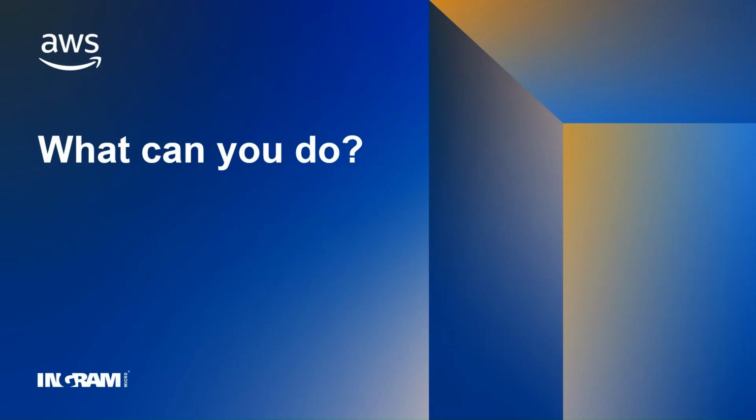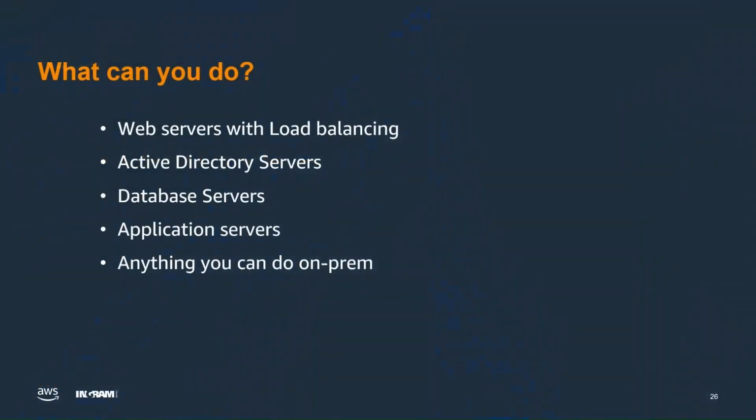So the question we started the session with was, what can we do with EC2? We now know we can build an EC2 with any operating system. We have a selection of processors we can use. We can scale a machine to be whatever size and capability we need it to be. And we have ways to manage and control it, including ways to reduce the spend. So the question is, what can we do?